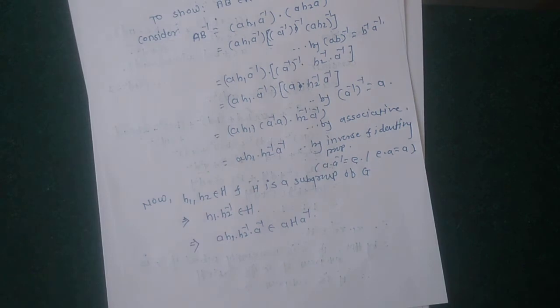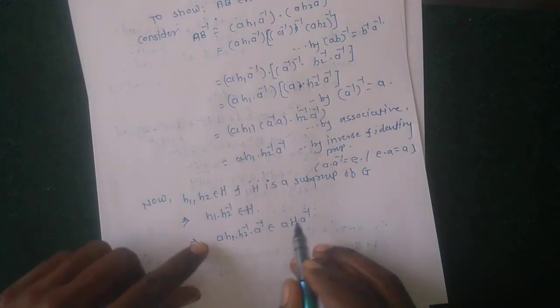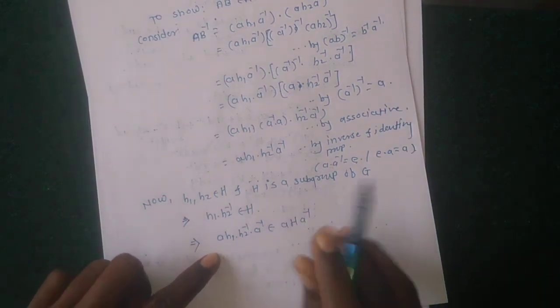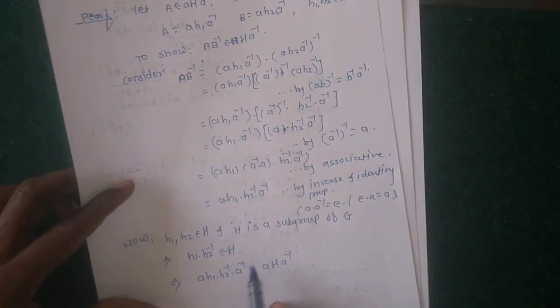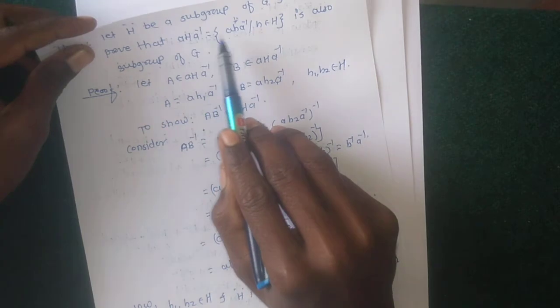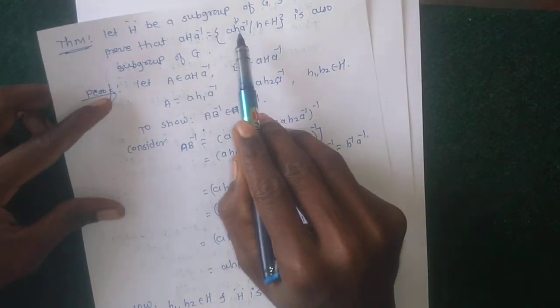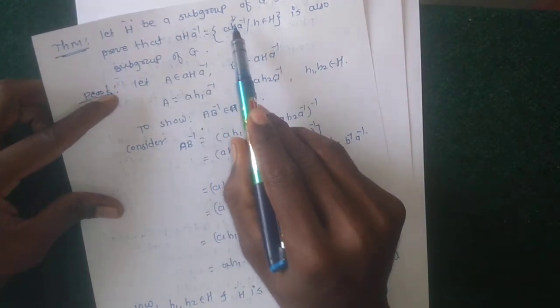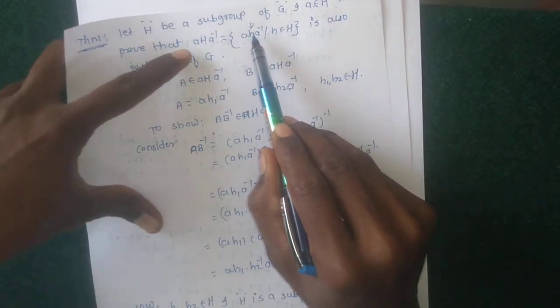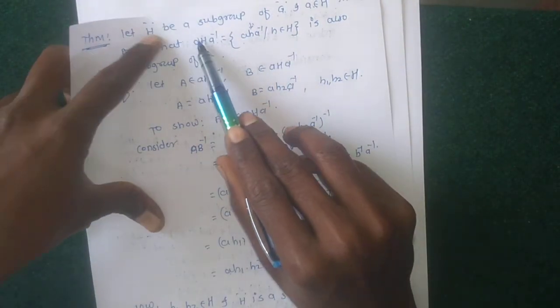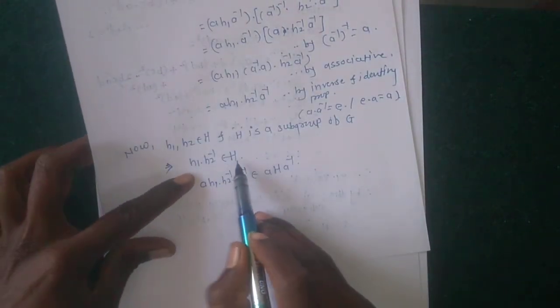Why? Because this element is of the form of an element of the given set A H A inverse, since the middle element is in the given set H.